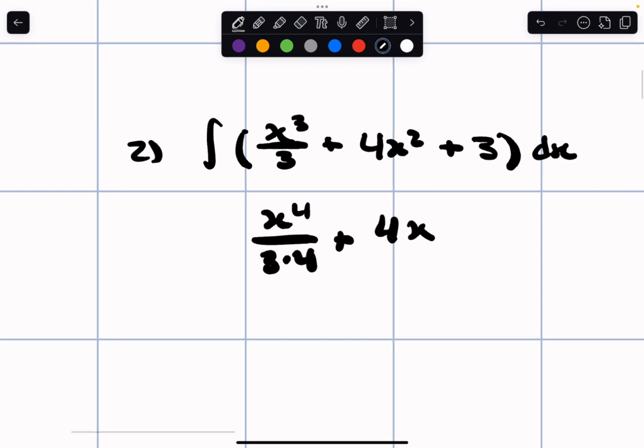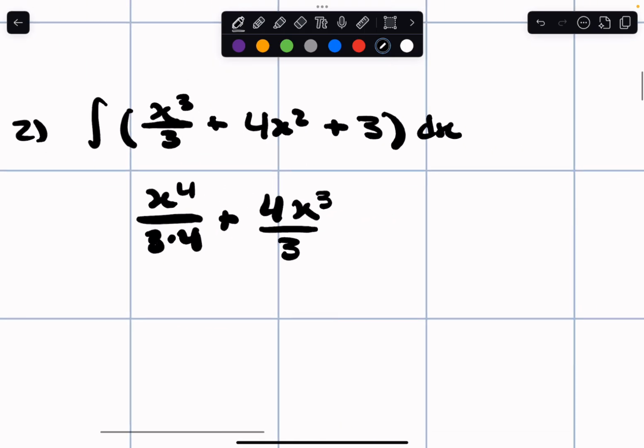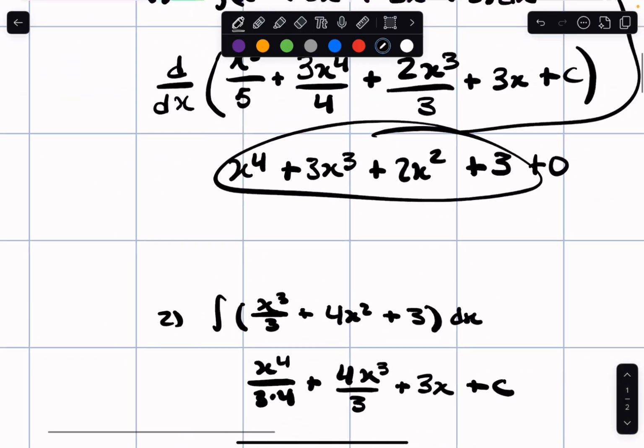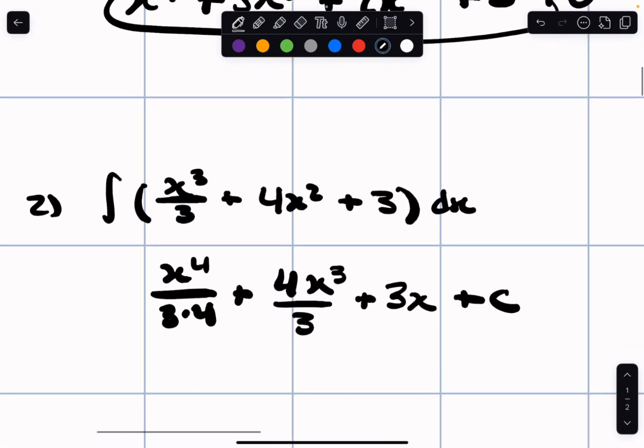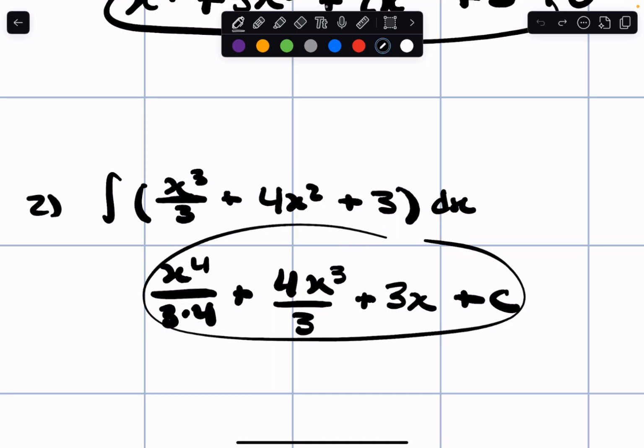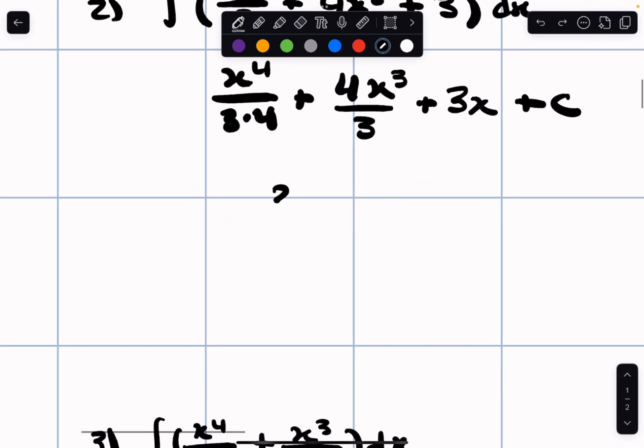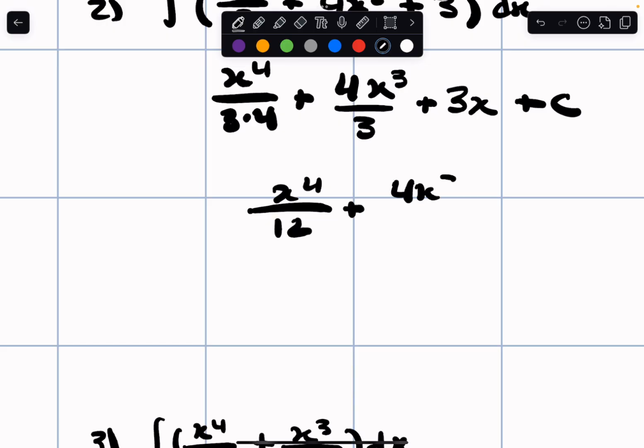Then we're going to add 1 to that, so it's going to be 3, divided by 3, and then remember when we have a constant, it's just going to be an x, plus c. And as I showed before, when you take the derivative, if you did it correctly, the derivative of this should be what's inside of here. And if we simplify it further, we'll get x to the 4th over 12 plus 4x cubed over 3 plus 3x plus c.